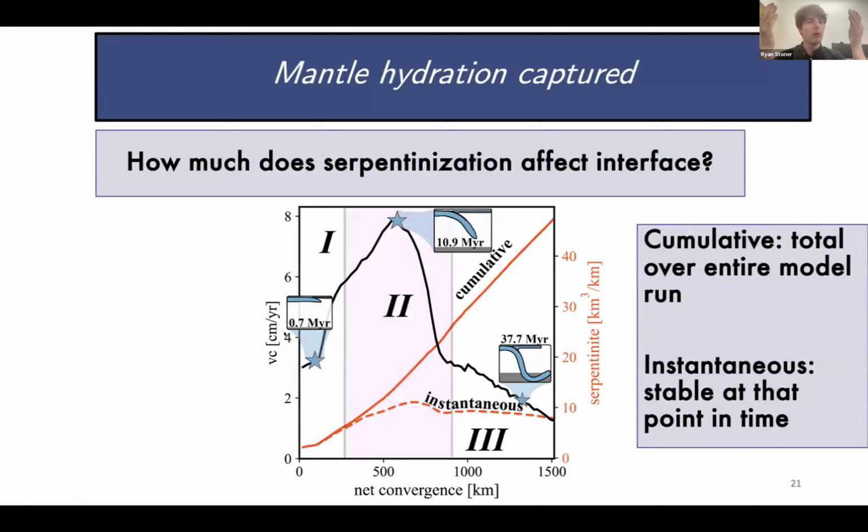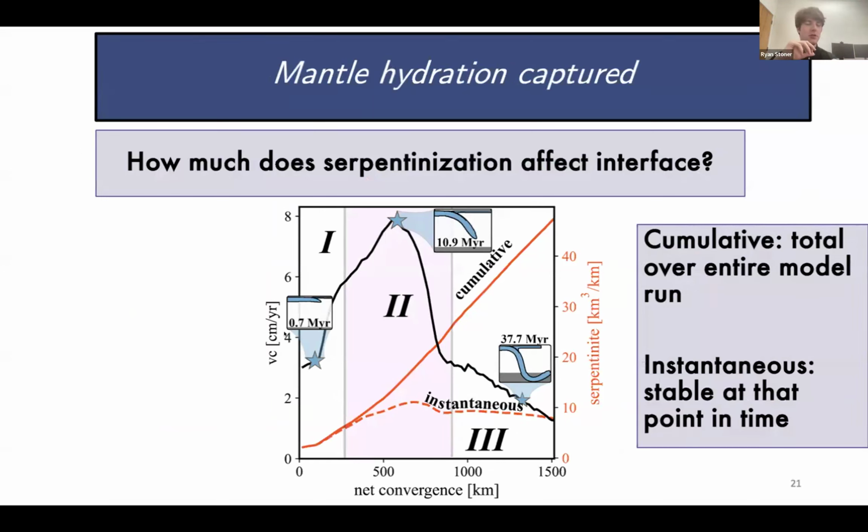But what we really wanted to understand is how much serpentinization affects the interface. So let's plot the amount of cumulative serpentinite and instantaneous. The cumulative is the total amount of serpentinite that was formed over the whole model run, and instantaneous is how much is there at that point in time.